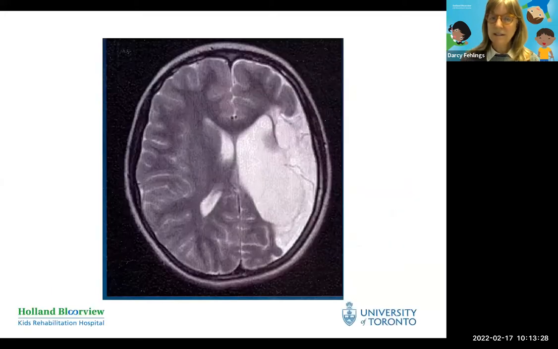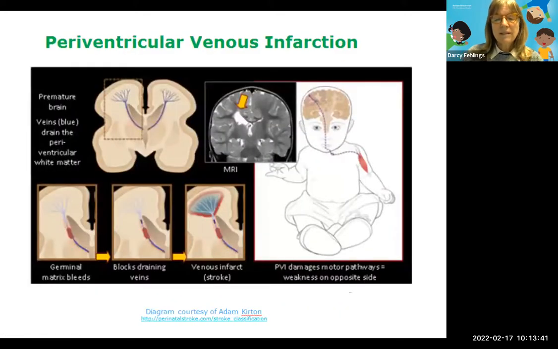So this is the MRI that shows the MCA, and the size of the MCA infarcts can vary depending on which branch is involved. And then this is a diagram explaining the mechanism behind the periventricular venous infarction.